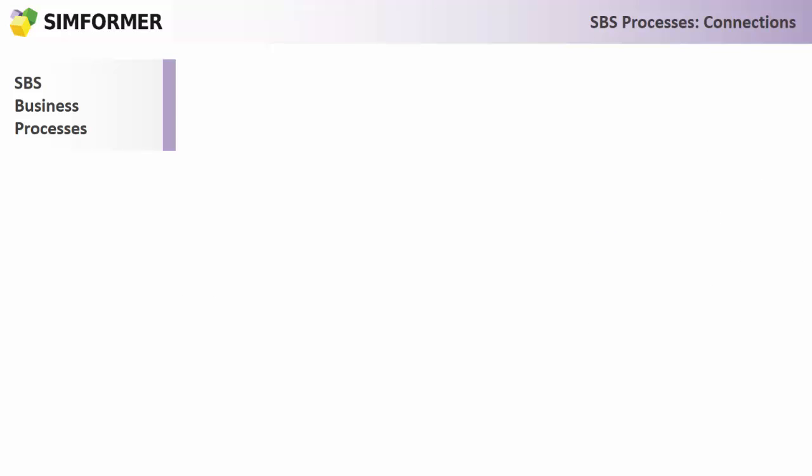As you can see, in Simformer Business Simulation, the business processes are connected. And I believe you have already noticed that. First of all, the retail trade management. The info you will be gathering for your marketing strategy will be of very big use in the other processes of company or business management.